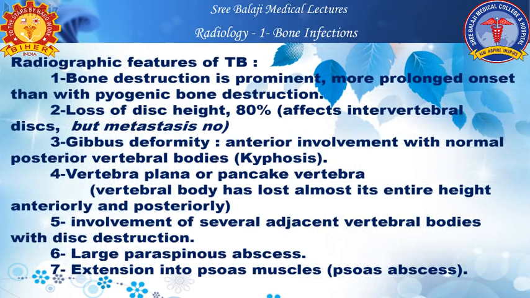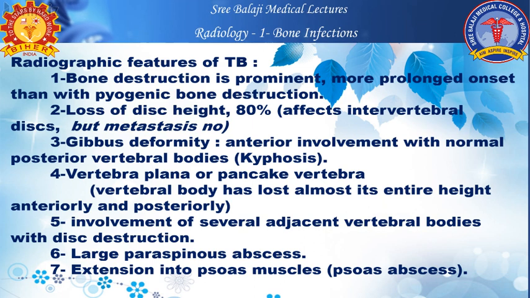Radiographically, it manifests as bone destruction first. It is seen closer to the disc with resultant loss of disc height. The presence of bone destruction with loss of disc height is characteristic of tuberculosis. In metastasis, there is no involvement of the disc space. As it progresses, it forms the gibbous deformity when there is anterior involvement, which results in loss of the vertebral height anteriorly.